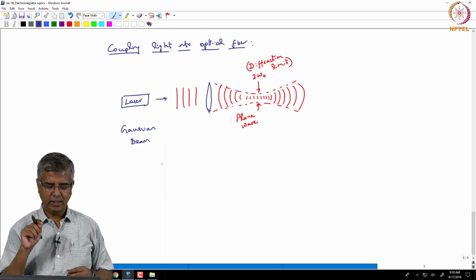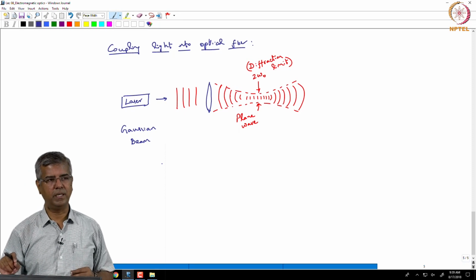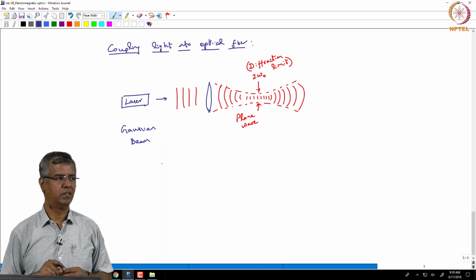And that mode is consistent with the fundamental mode for this waveguide.